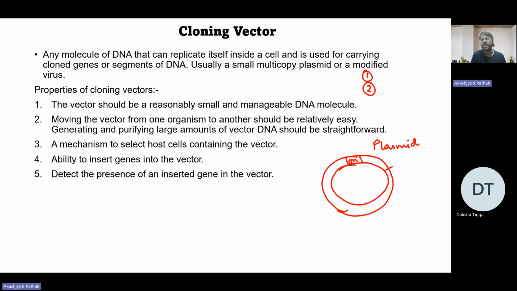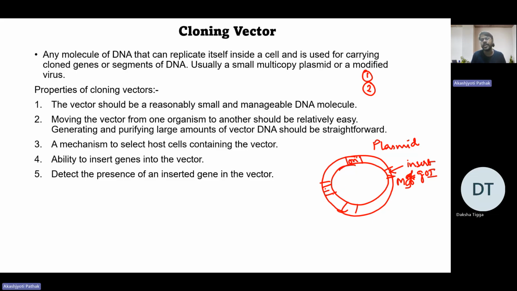It must have multiple cloning sequences so that you can insert your gene of interest, right? And it must have some selectable markers, right? So it must have this ampicillin resistant gene, tetracycline resistant gene, so that you can screen for your gene of interest.